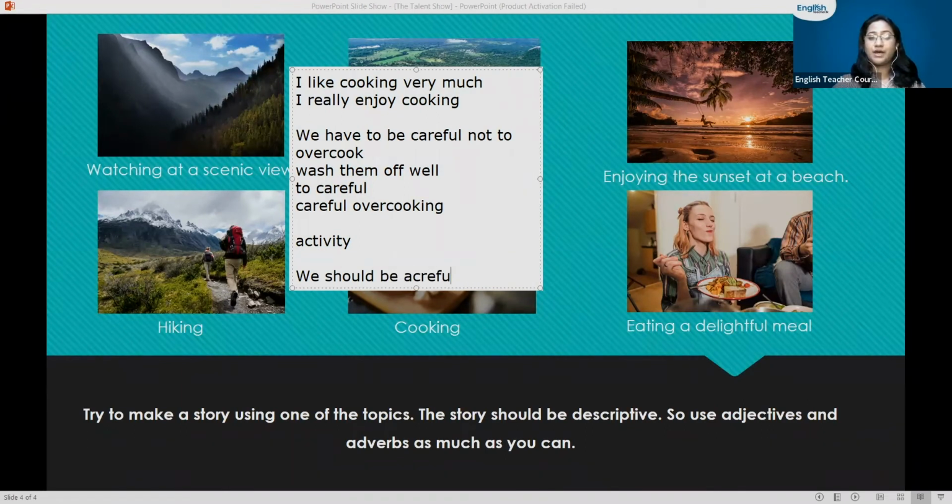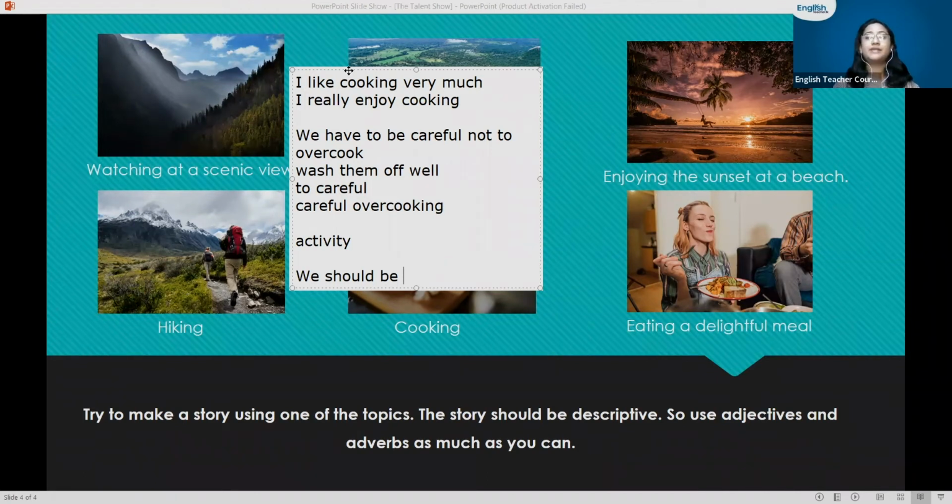We should be careful not to destroy the healthy vitamins and minerals. We should be careful to wash the vegetables and remove the dirt, and if there are any bugs, remove them. We need to prepare meals deliciously.